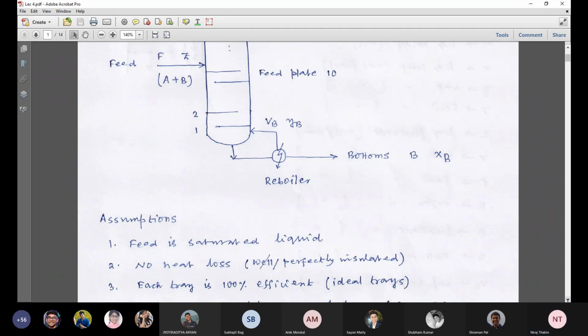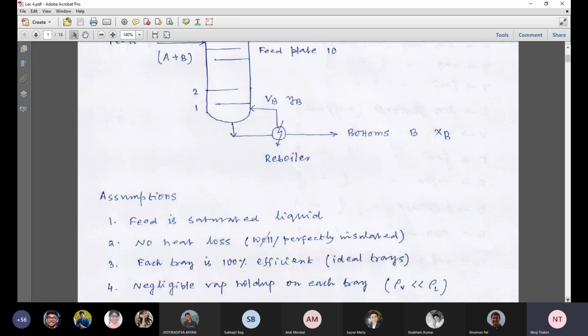Third assumption: all the trays are 100% efficient. It means tray efficiency is 100%. Accordingly, we can say that the trays are ideal trays. The distillation plates are ideal plates.